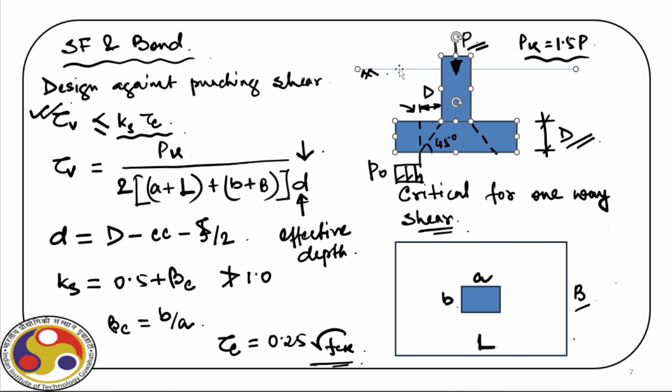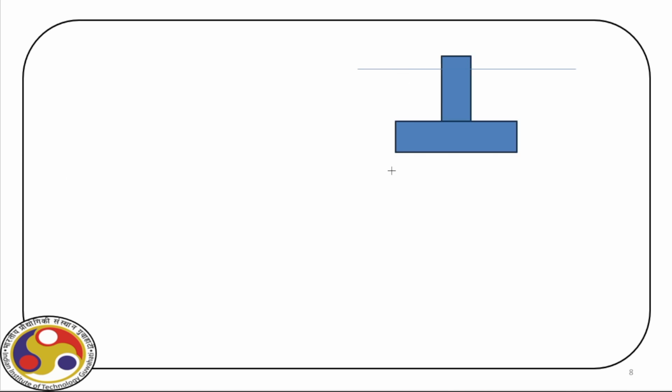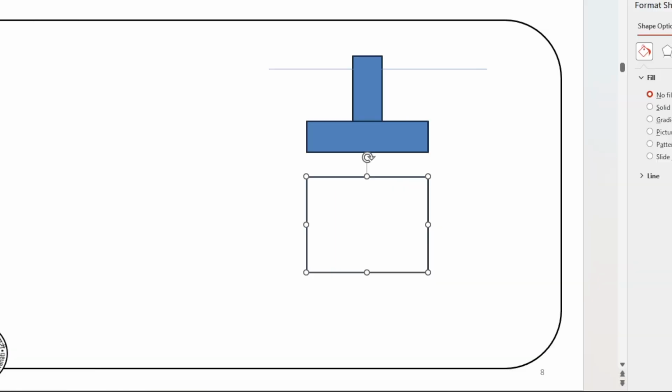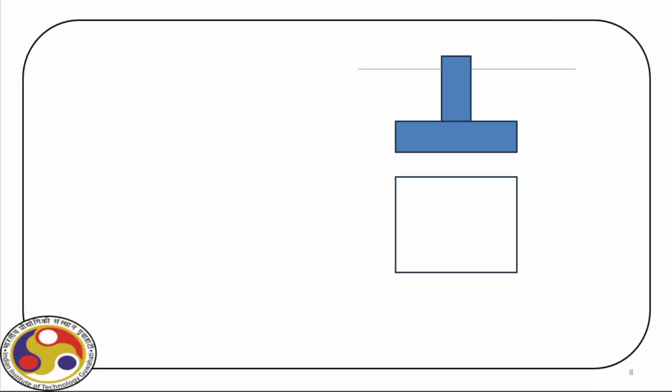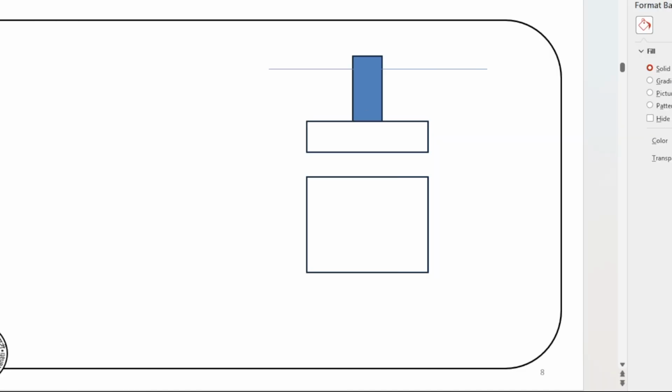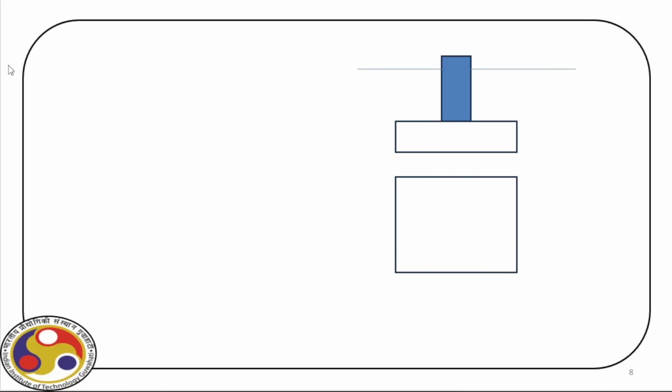So if you have this square footing, then obviously we have to provide rebars to deal with the tension developed.